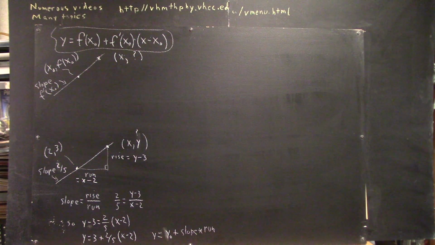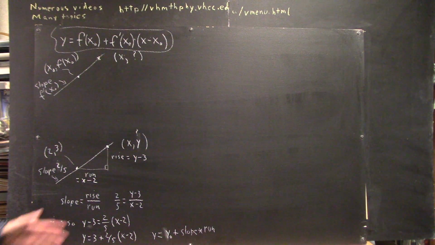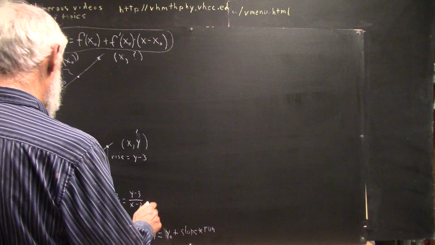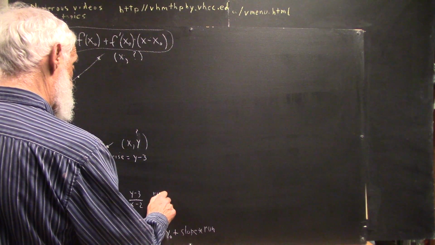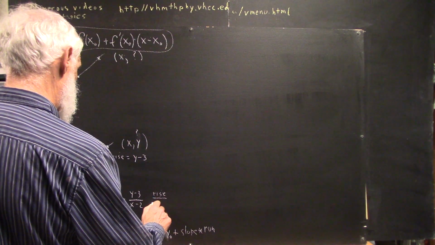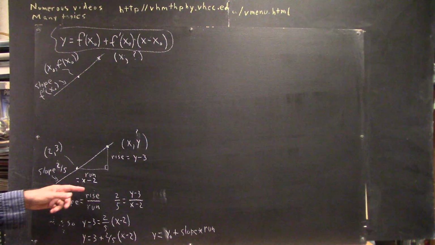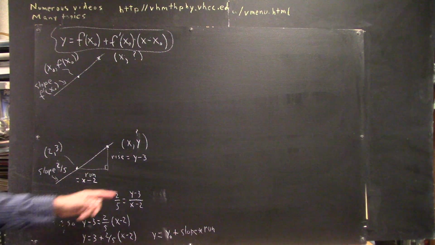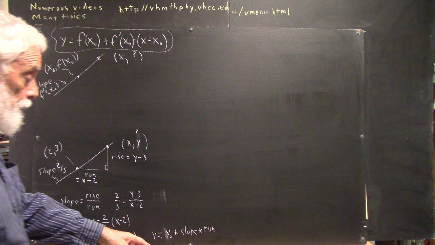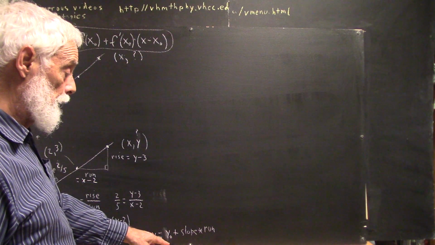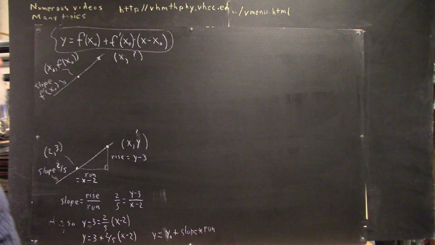This equation I don't have to write again because I already had it here. Rise over run equals slope. Rise over run equals slope arranges to y equals original value of y plus the slope times the run.